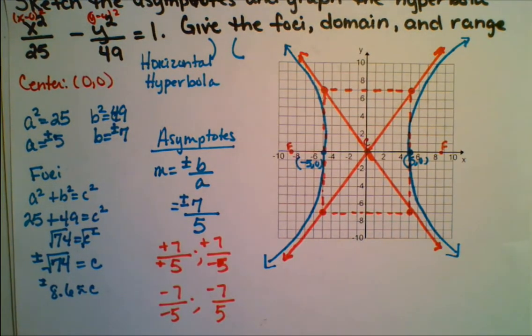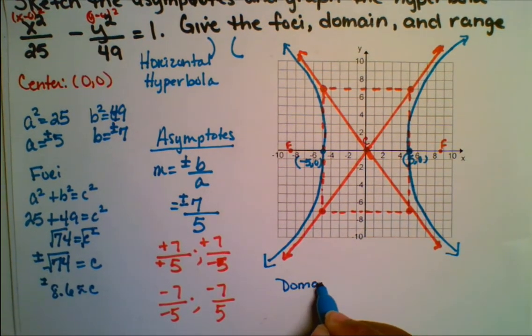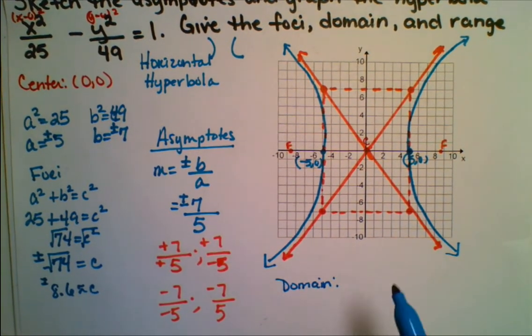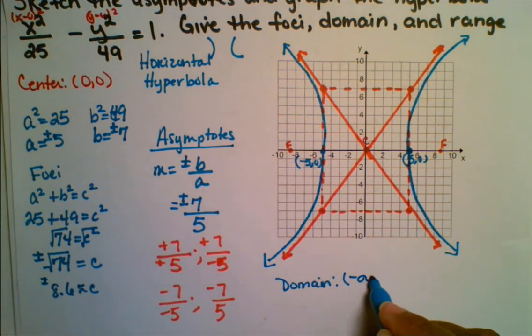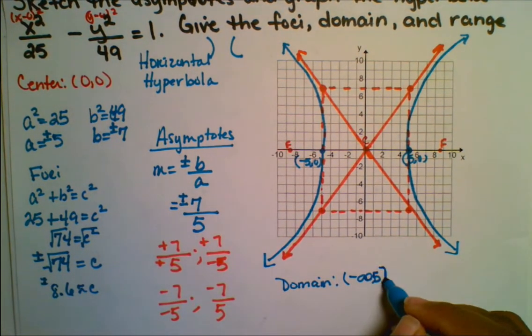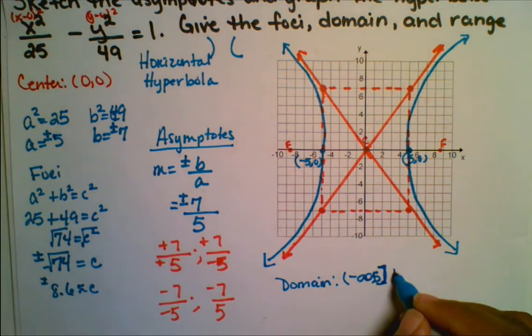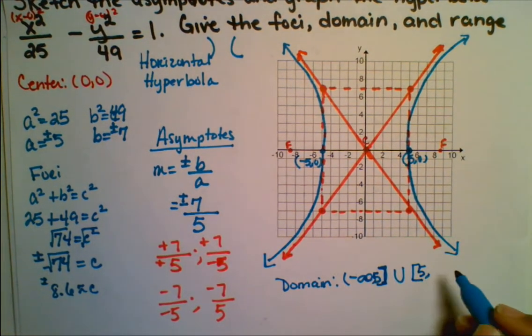So our domain, let's answer that question. Domain, we're looking from left to right. So we're going along the x-axis from -infinity to 5, union, +infinity, and that should be -5.